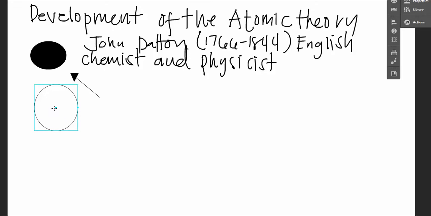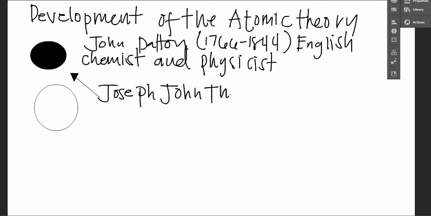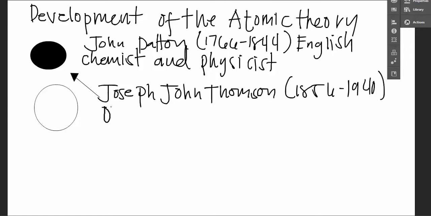Okay. So next is Joseph John Thomson, or J.J. Thomson, 1856 to 1940, an English physicist.